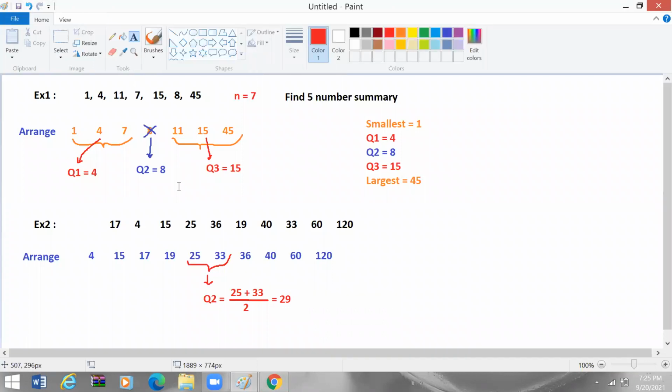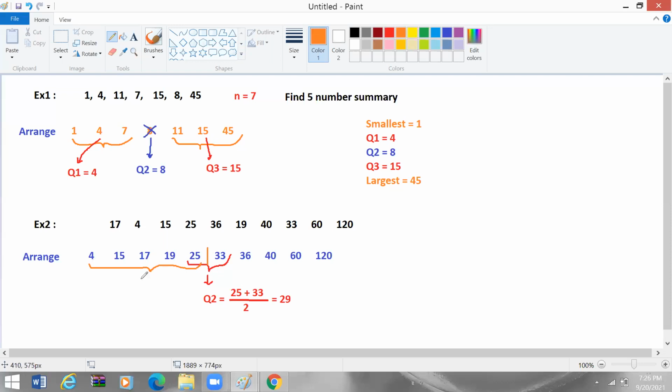So now I want to look for Q1 and Q3 respectively, okay? Since we have 2 middle numbers, one's going to be for Q1 and one's going for Q3. So for the Q1, we have to look for the value between 4 to 25.